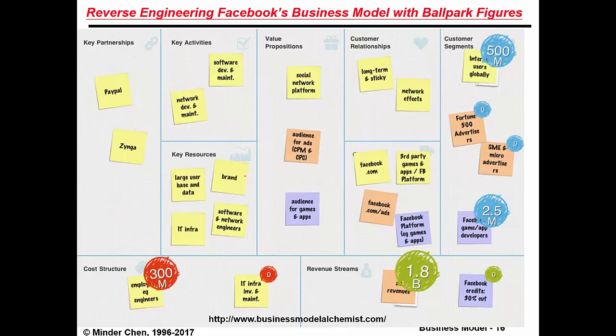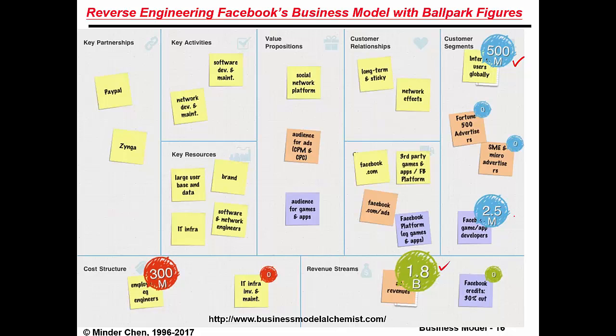In the Business Model Generation book, Alex Osterwalder used, hypothetically, Facebook as an example and built the business model for Facebook. And the numbers here certainly are not up to date, in terms of how many users Facebook has and how much money they're making.